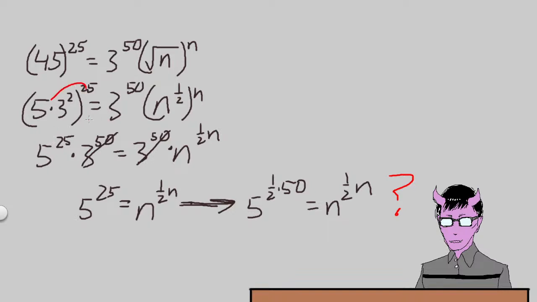Distribute this one as 25. Yes. This is 50. Yes. Yes. Huh, it does look correct to me. Yeah, this is highly suspicious. Where did things go wrong? Maybe the problem itself is faulty.